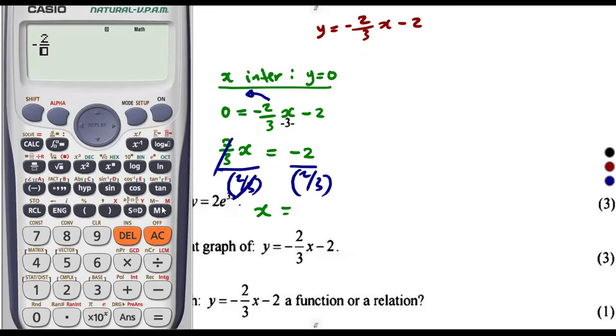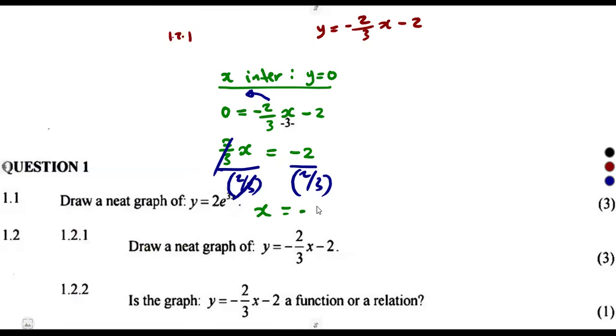You put a fraction, that's 2 over 3. Just open a bracket there, 2 over 3, like this. All right, so this is what we're going to have, negative 3. So x is going to give us what? Negative 3 as our x-intercept.